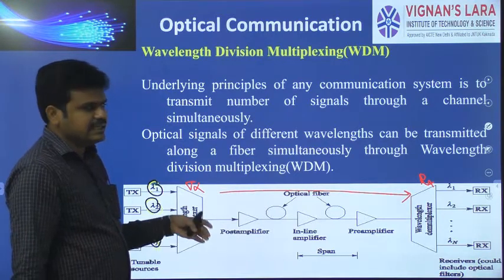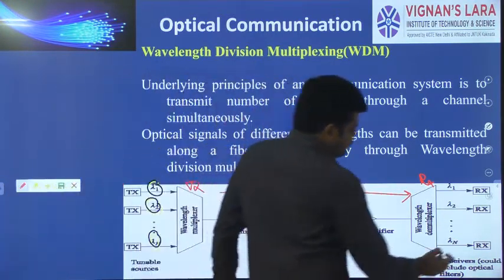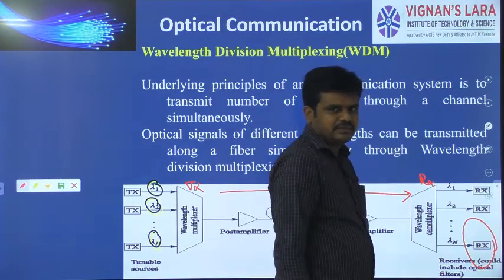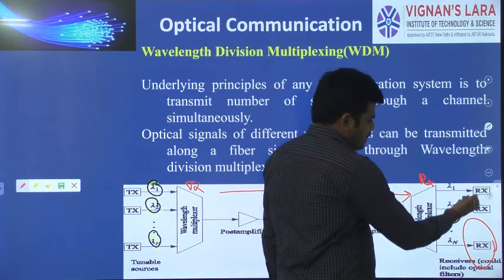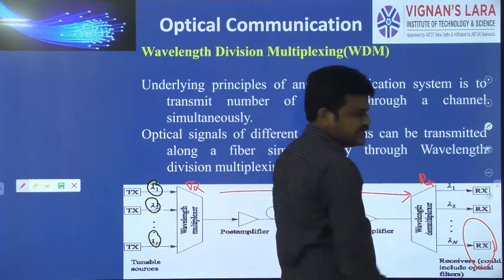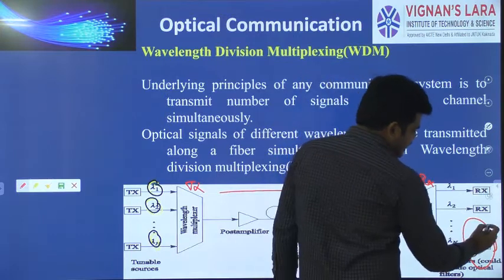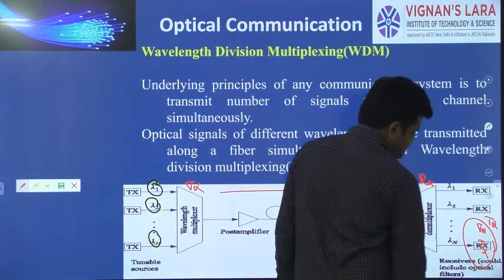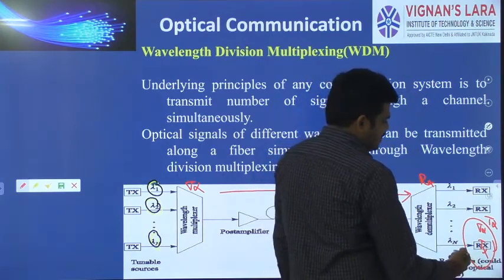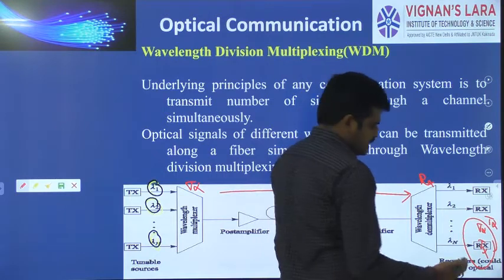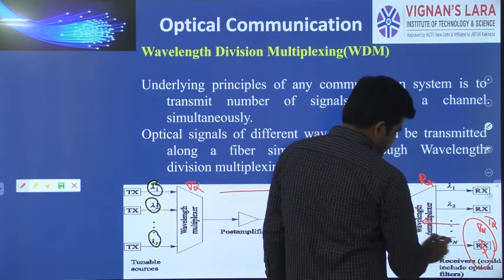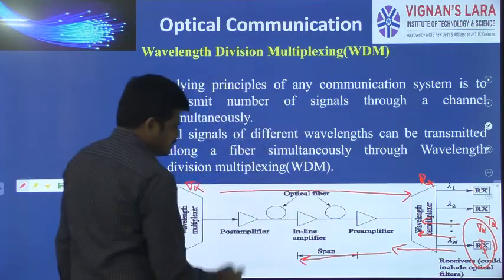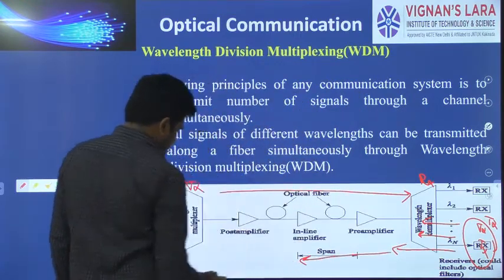In case of bidirectional, some parts of the receiver, which here are all receiving units, are replaced by transmitting units, say TX, TX, TX. That means you have the capability to transmit data from this end also, not only in one direction but in another direction.